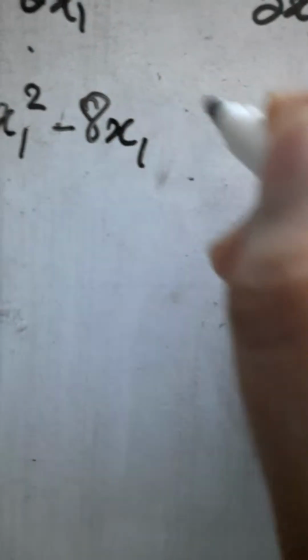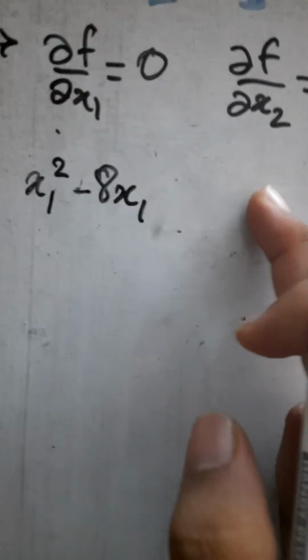So all these terms rule out when we are differentiating with respect to x1. Let me expand it for you. It is x1 square minus 8x1, like I showed you; I brought the 8x1 here for simplicity. So we do del f by del x1.